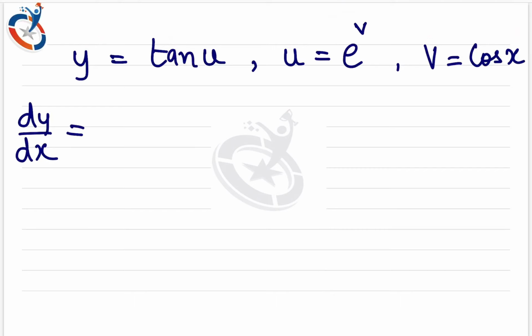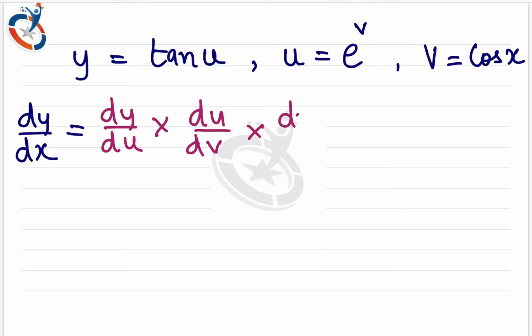So how do you form the chain here? Dy by dx will be equal to dy by du into du by dv into dv by dx. You want the derivative with respect to x here. Can you see that? So keep on multiplying by the derivative till you attain a function in x. This is called the chain rule.